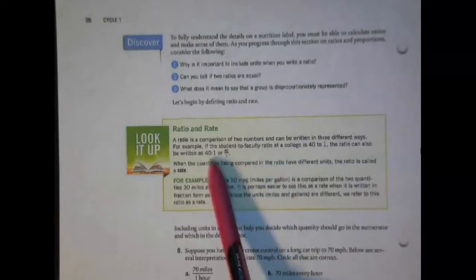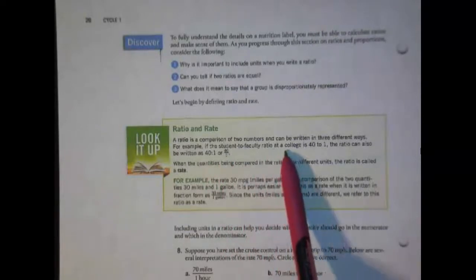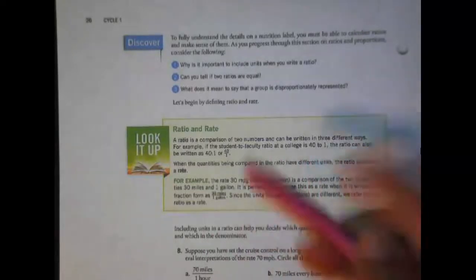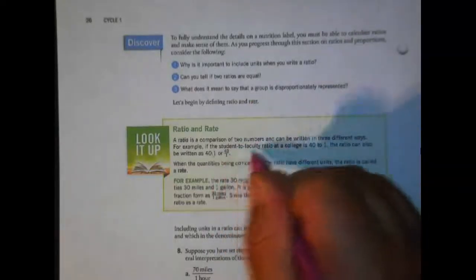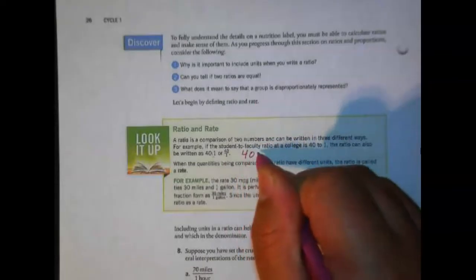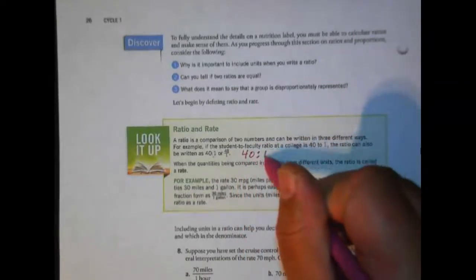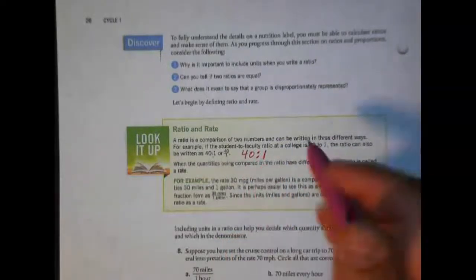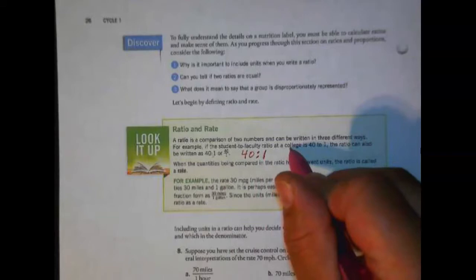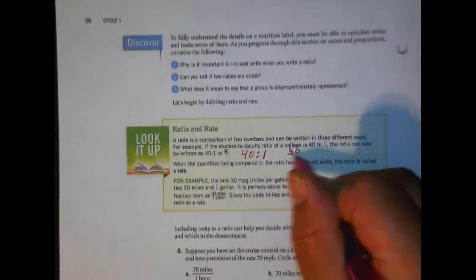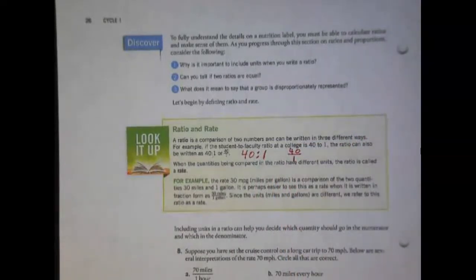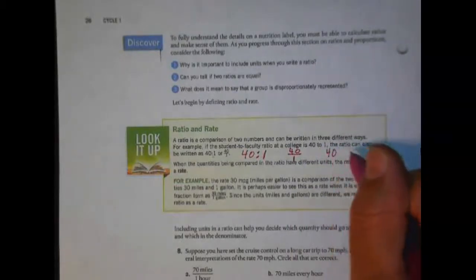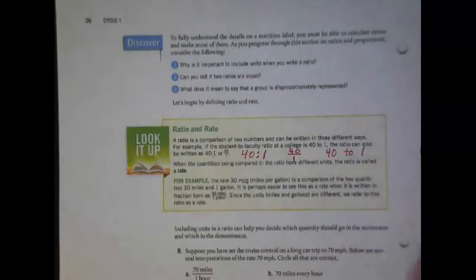For example, if the student-to-faculty ratio is 40-to-1, it can be written, again, I'm going to write this out a little bit. 40 colon 1, that means that's a ratio, 40 to 1, or as a fraction, 40 per 1, or 40 to 1, or they could just write it out, 40 to 1. So there's the 3 ways.